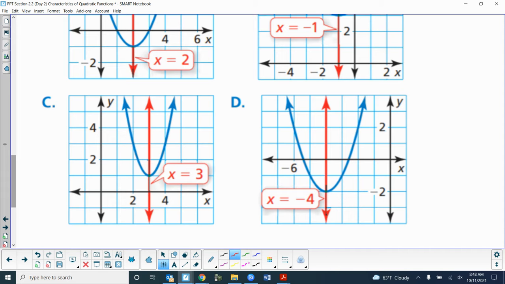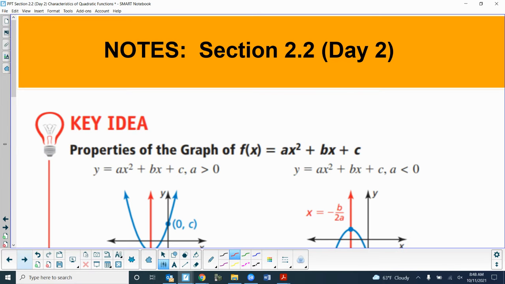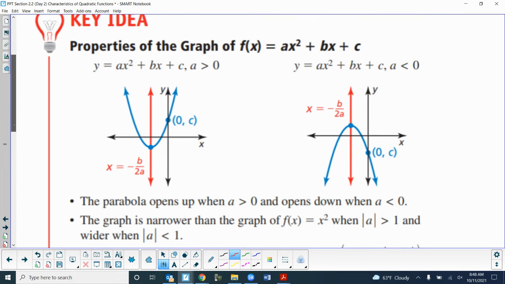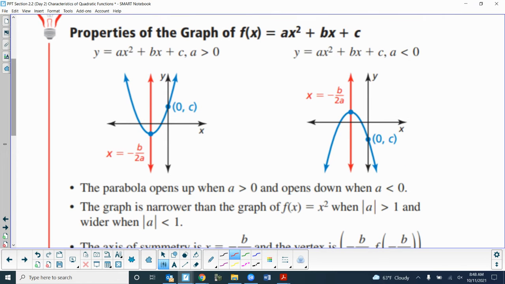So today we've got kind of a lot of notes, so follow along. But if you've got questions, make sure you ask. Okay? And some of this is review because we did some quadratic review before we even started the book. All right? So those problems we just got done doing were in vertex form, right?